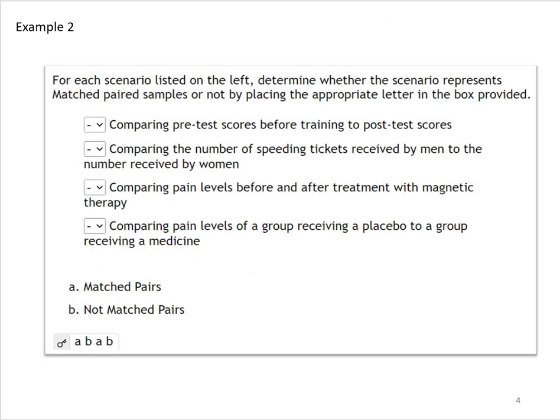Okay, then let us have another example. We have been given four conditions, and we have to check whether they are matched pairs or independent. The first one: comparing the pre-test scores before training to the post-test scores after training.